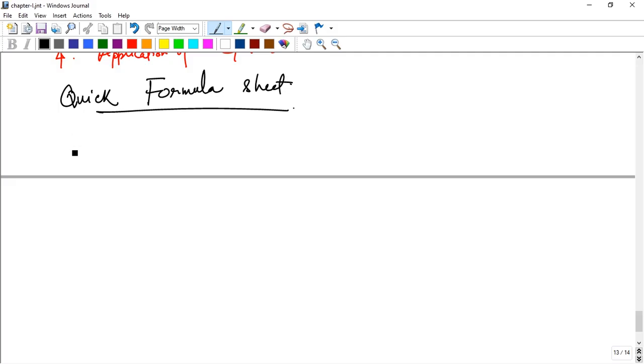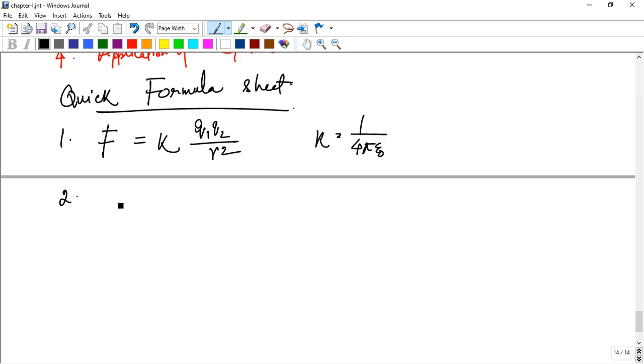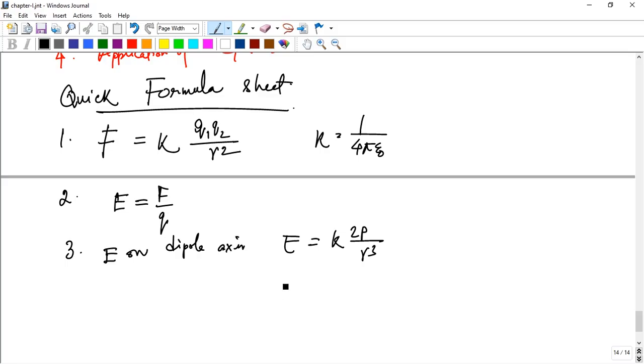First, the Coulomb force: F equal to K Q1 Q2 by R square, where K equal to 1 by 4 pi epsilon naught. Number 2, electric field equals F by test charge. Number 3, E on the dipole axis is E equal to K 2p by R cube.